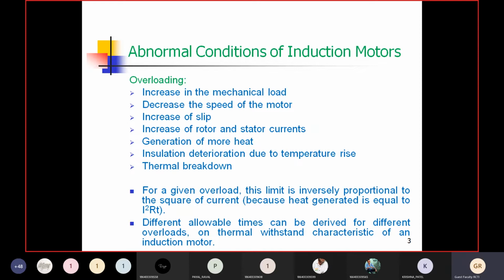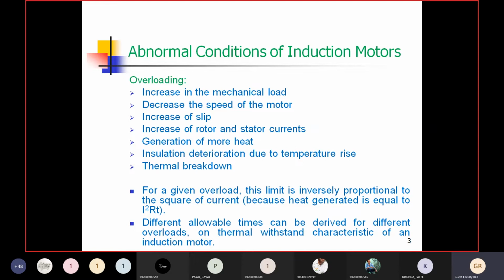I hope slip is known to you. It is the difference between synchronous speed and the normal speed of the induction motor, Ns minus N. As the speed gets reduced, N gets reduced, and this slip, Ns minus N, increases.